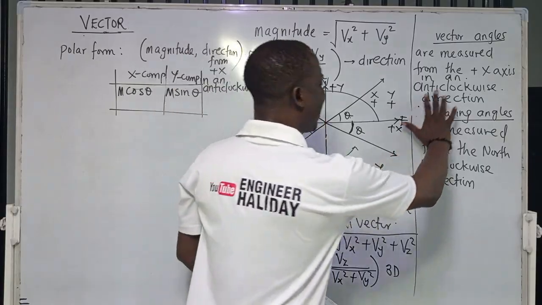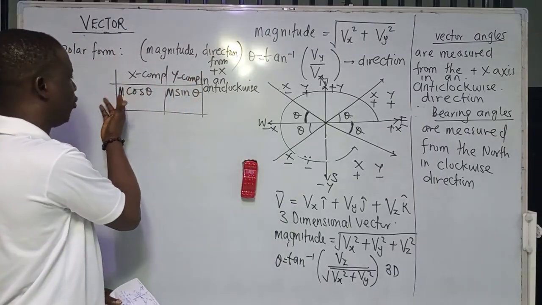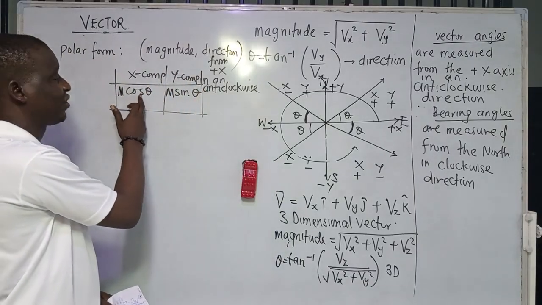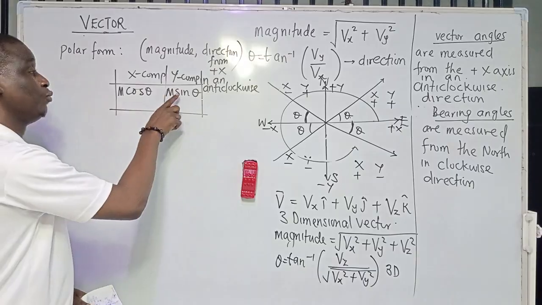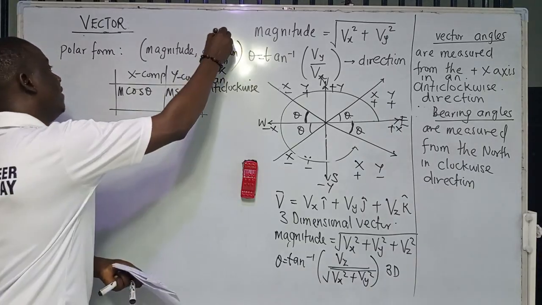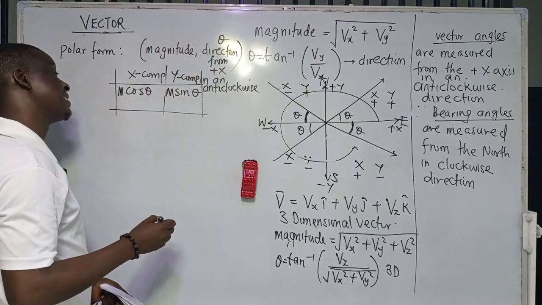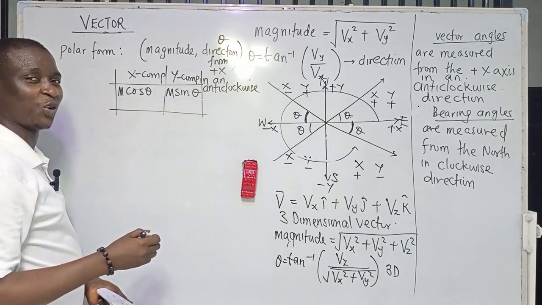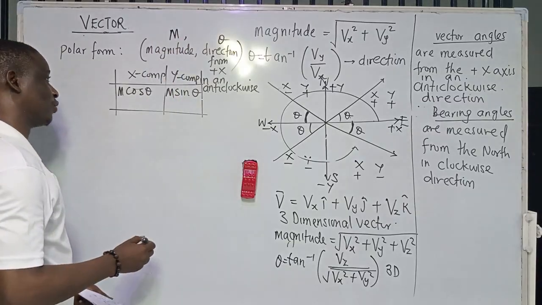Then you take the magnitude cos theta and the magnitude sin theta. Here, theta is measured from the positive x-axis in an anti-clockwise direction. I believe it's clear.